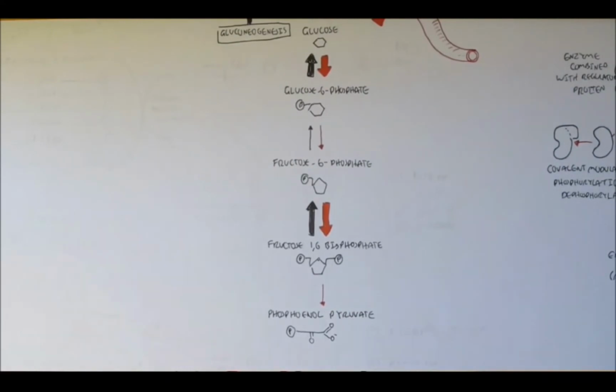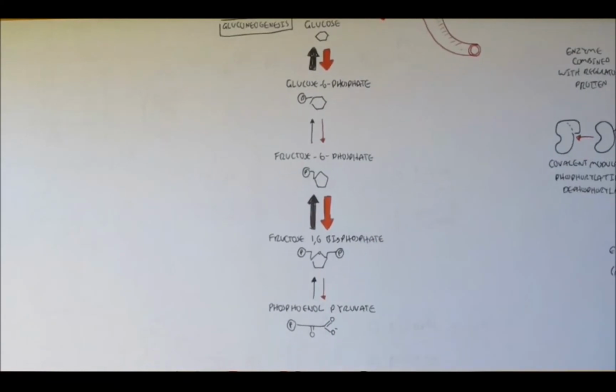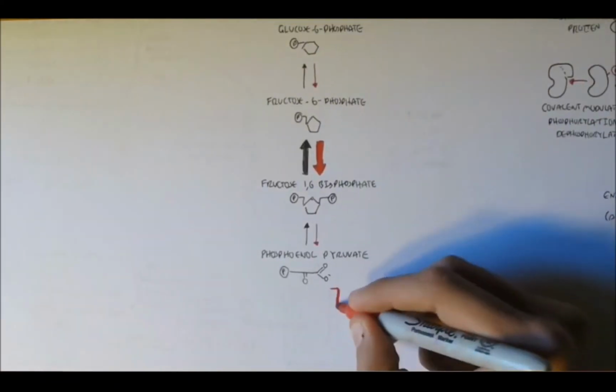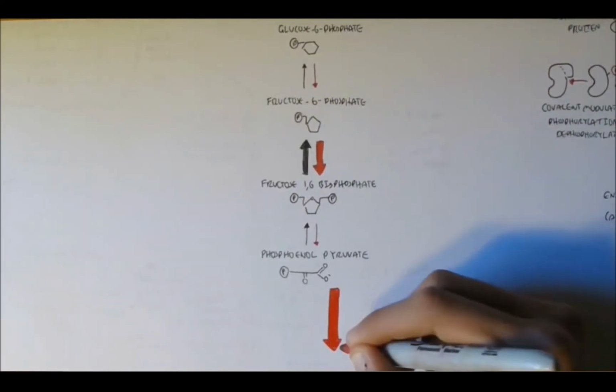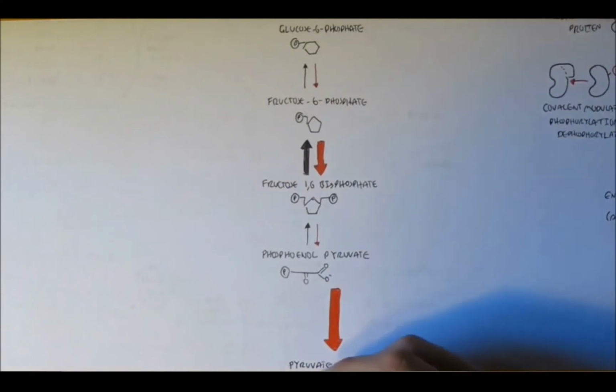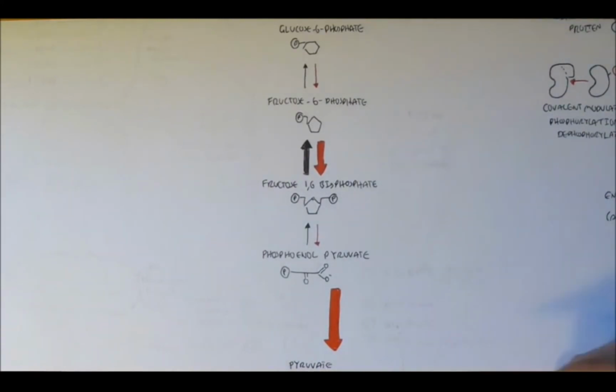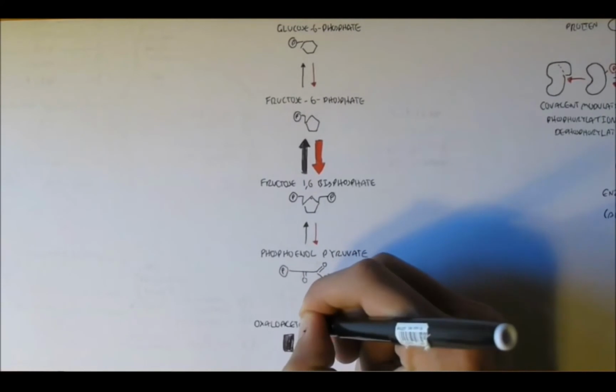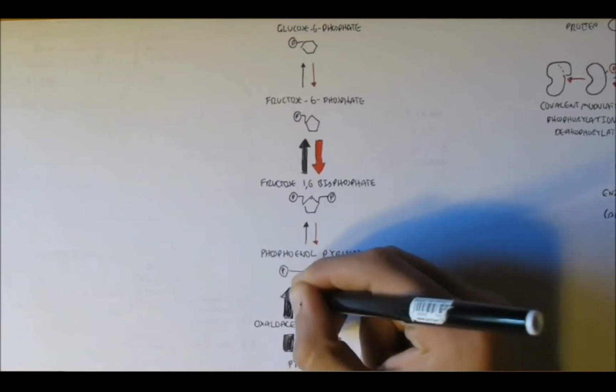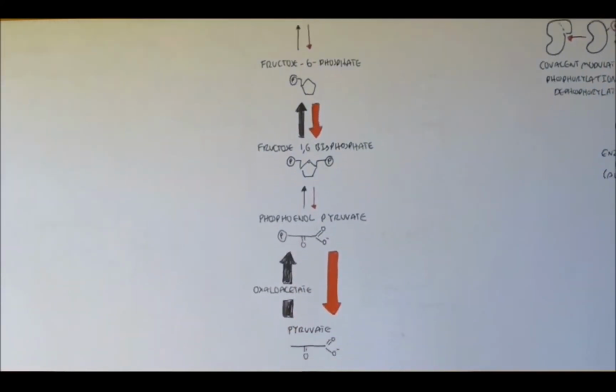Phosphoenol pyruvate, the precursor to pyruvate. So phosphoenol pyruvate can then convert to pyruvate. For gluconeogenesis, pyruvate to phosphoenol pyruvate is a two-step reaction, where pyruvate converts first to oxaloacetate before phosphoenol pyruvate.